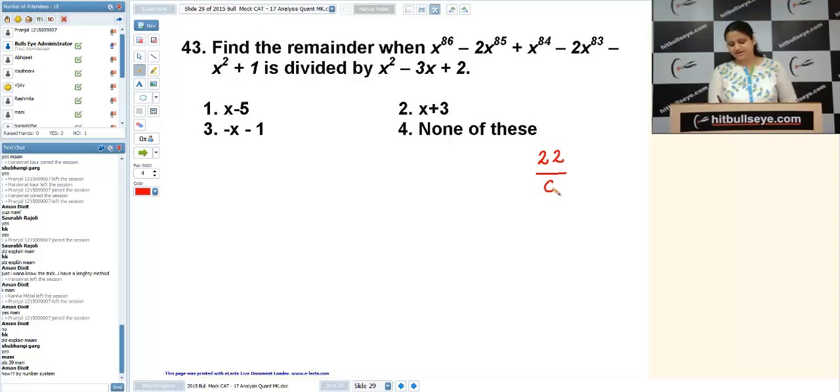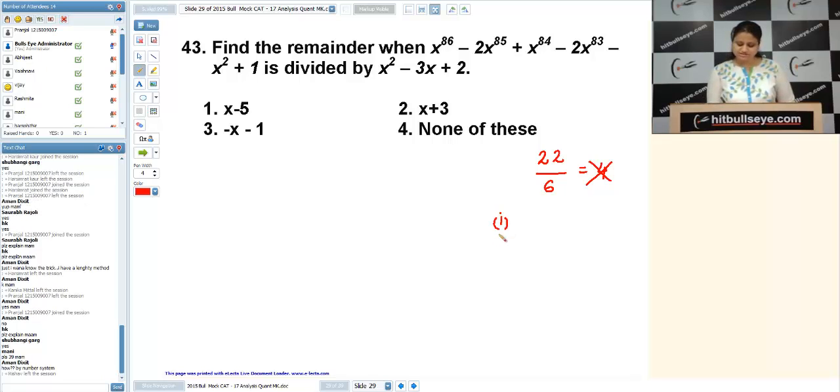We want to calculate remainder by 6. Obviously, this is 4. You can see 6 3s are 18 and answer is 4. But suppose we are not taking this 4. We have options here, say there are 4 options: 0, 1, 4, 5.